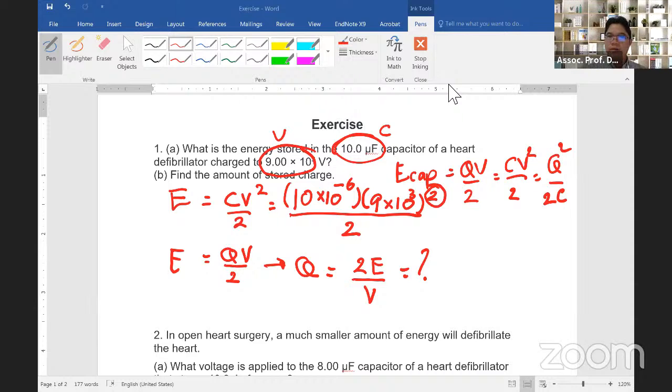The unit of charge will be coulomb, not joule.